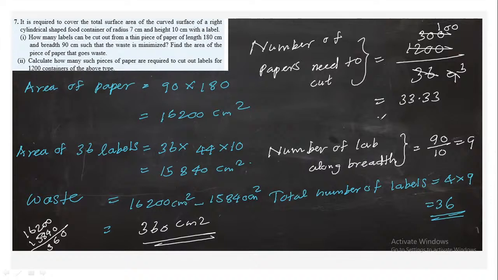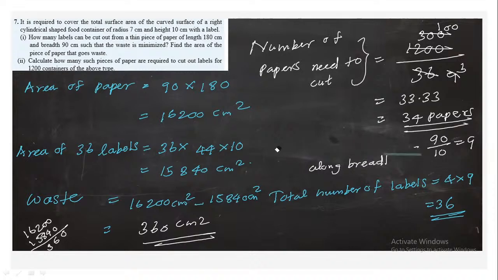It is nearly 34 papers we need. We need 34 papers to cut labels for 1,200 containers.